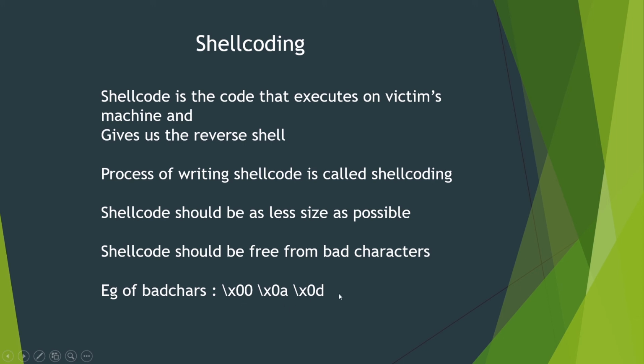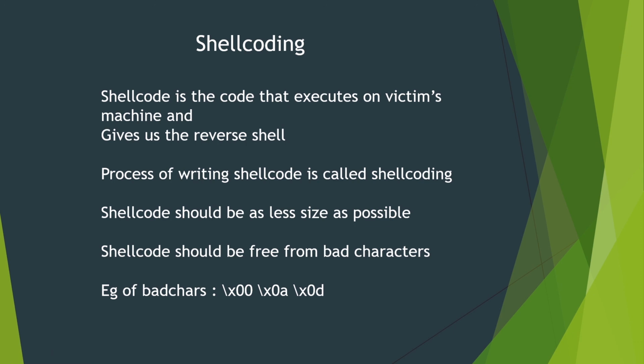And 0a, 0d are used commonly in web applications using web servers. In web servers, when the request is processed, you say GET / HTTP/1.1 or 1.0, and then you give \r\n. By putting this \r\n, the web application treats it as a single request, and after this \r\n, the input will not be considered by the application.